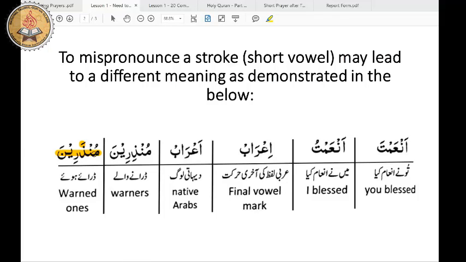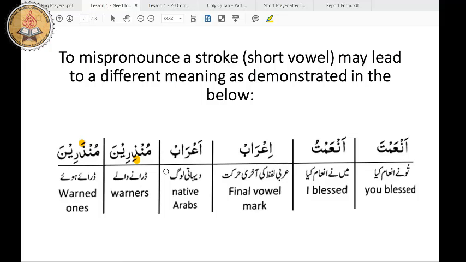So if you say mundarina with this line on top, which is a fatha, or you say it with a kasra, which is the line underneath the letter, that can change the whole meaning. Okay, so if you say mundarina, it means warned ones, and if you say mundirina, it means warners.